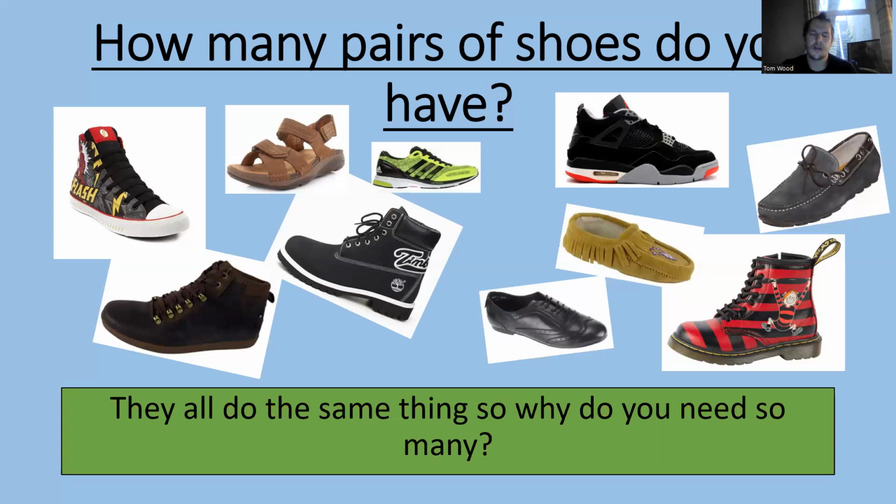The idea here is that different shoes, although they all do the same thing, are better in certain situations or certain environments. If I'm going down the beach, I'm going to wear some awesome flip-flops with no socks, and that's going to be the most comfortable thing I can wear. I'm not going to go down there in high heels because I'm going to snap my ankle.